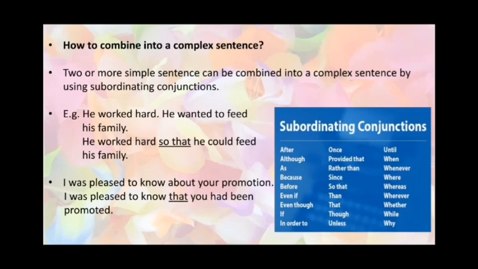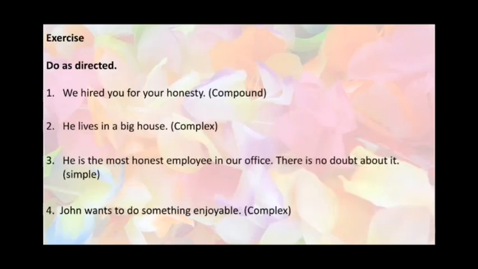So children, here we have finished with the explanation. Let's try to do this exercise. The first sentence is, we hired you for your honesty. This sentence is to be changed into a compound sentence. How can we change it?